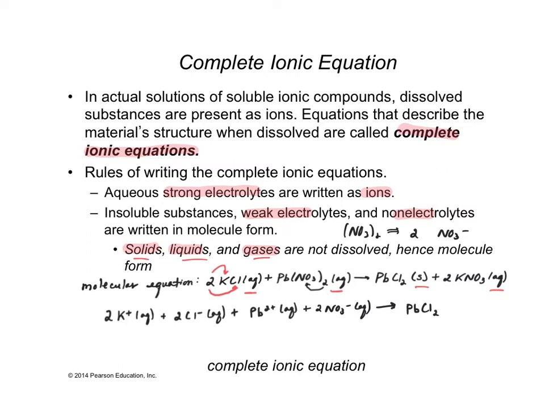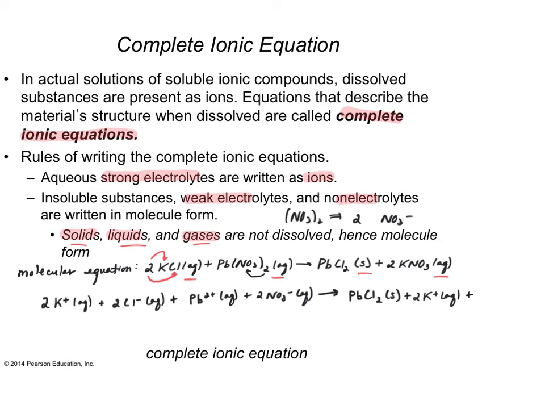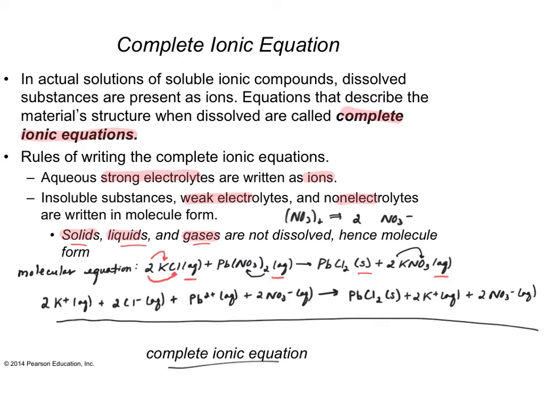So this is PbCl2 solid, but then everything else, this aqueous thing at the end, is going to be written in its ion form. So 2K plus aqueous, plus, again, this is distributive, so 2NO3 minus aqueous, okay? So that's a hassle, but this is the complete ionic equation for this reaction.